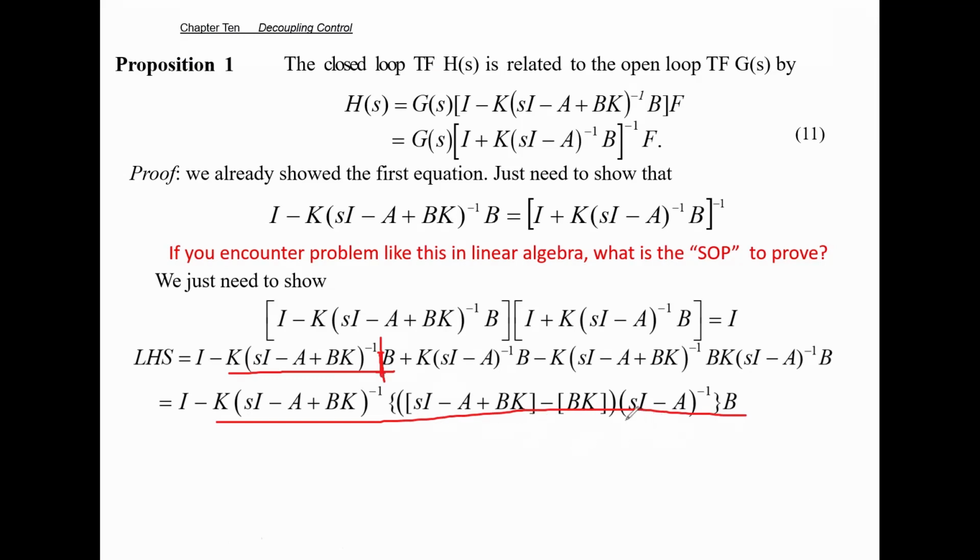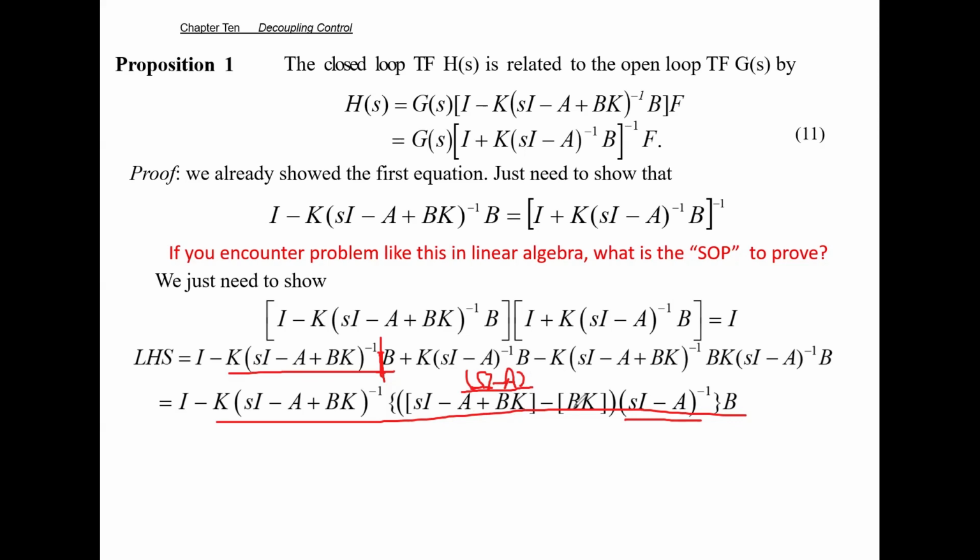What is this identity matrix? This identity matrix is sI minus A times the inverse of sI minus A. That will be the identity matrix. Now, this one is sI minus A, but I will rewrite this sI minus A as sI minus A plus BK minus BK.